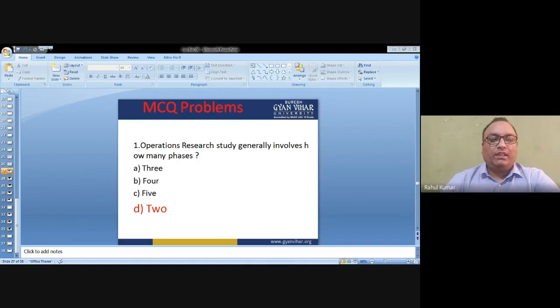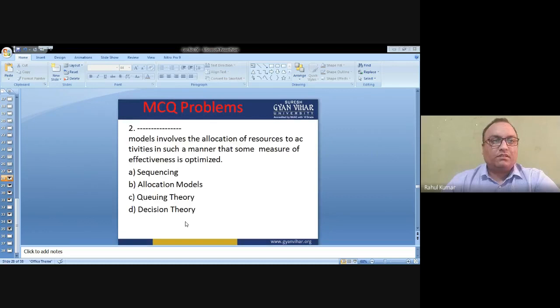Then move to the next problem or MCQ. This is the blank space. A model involves the allocation of resources to activities in such a manner that some measure of effectiveness is optimized.